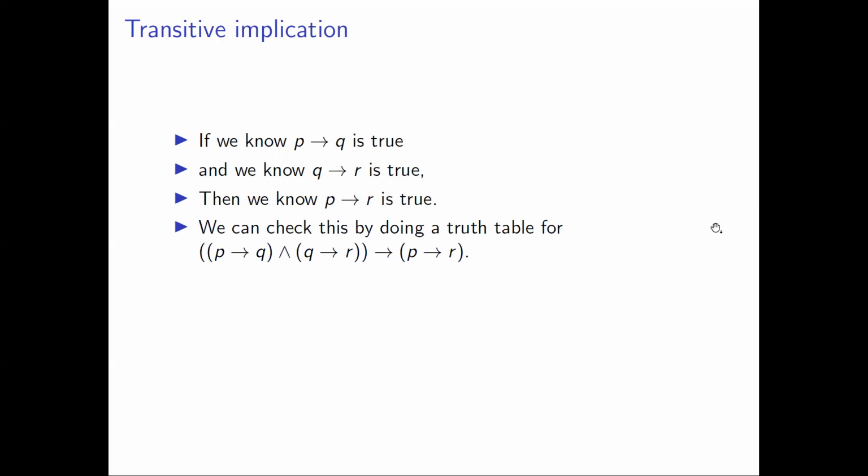And like the other rules of deduction that we saw, you can check that this is true by doing a truth table for the proposition P implies Q and Q implies R together imply P implies R. And you should see that all 8 rows of that truth table have a T in the column for the proposition that I just said.